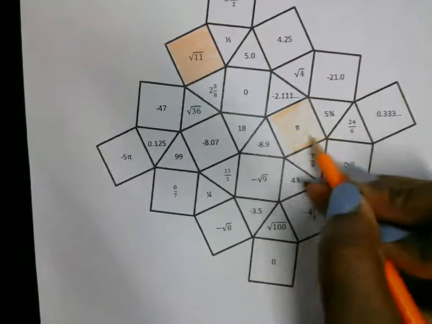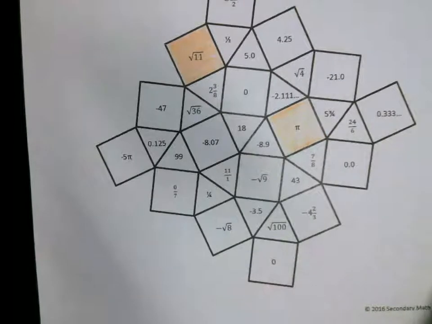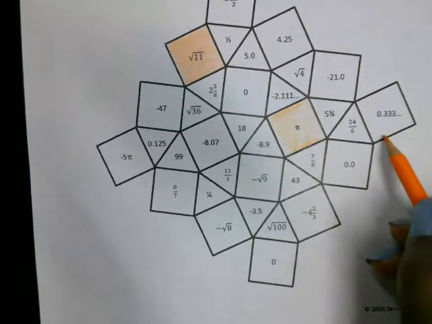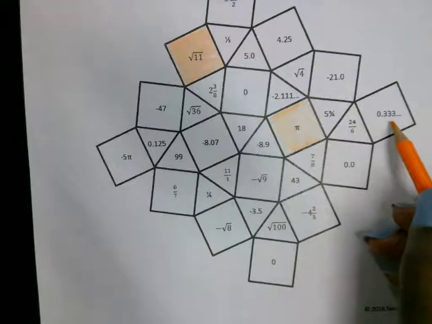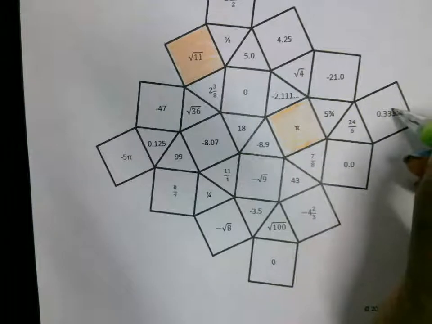What else is irrational? Come on. 0.3333. 0.333333. Do I know what number is coming next? They should have put a bar over it. If they put a bar over it, then you're right. Then this would be rational.